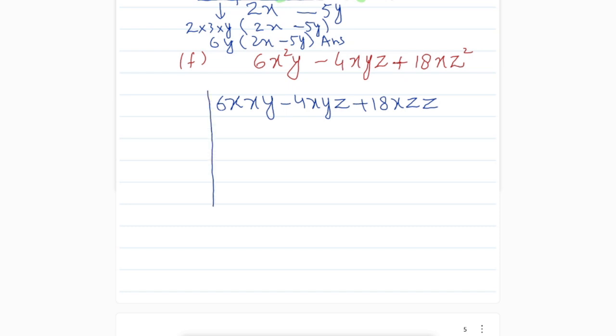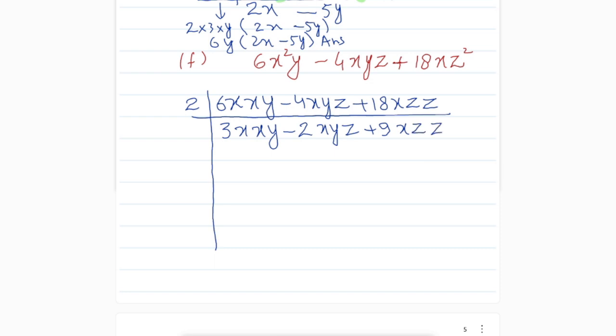Now, using the HCF method for finding the factors, 2 is a common divisor, so we are dividing by 2. 2 3s are 6xxy, minus 2 2s are 4xyz is the same, plus 2 9s are 18xzz. Now no more common number is divisible, but there is a common variable.